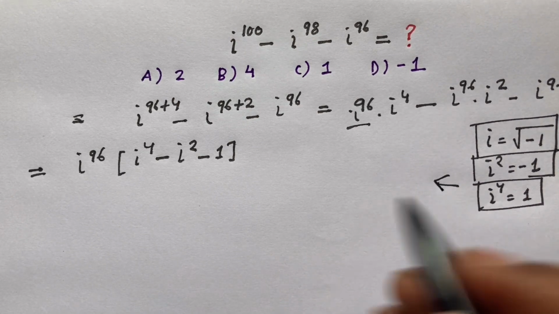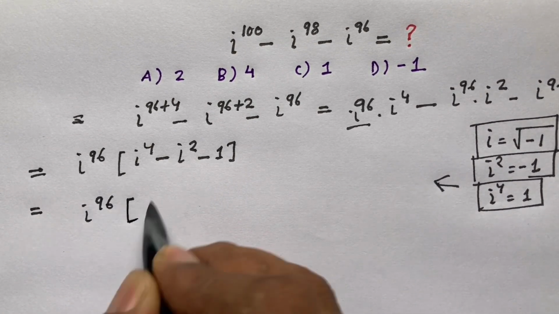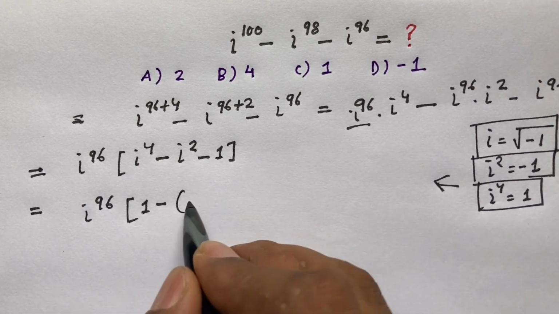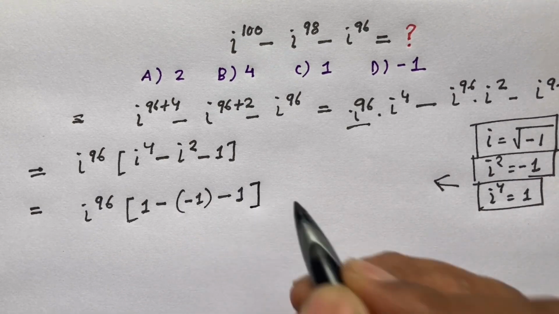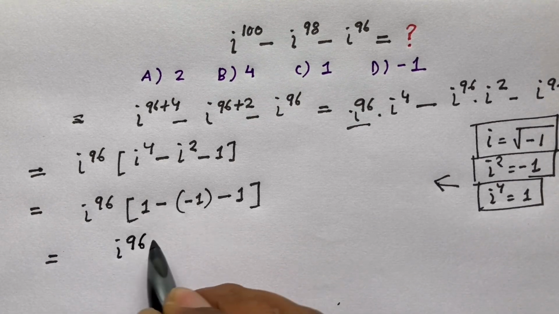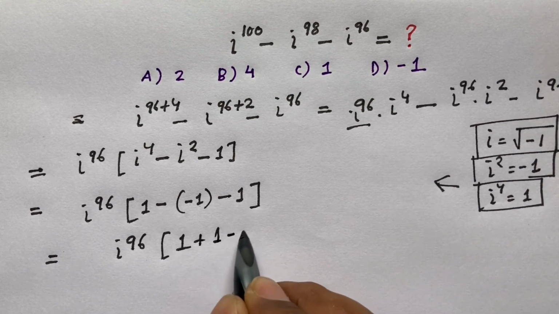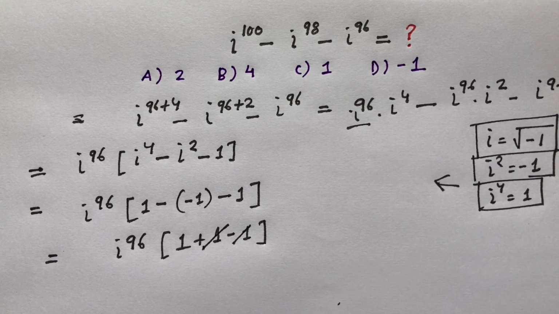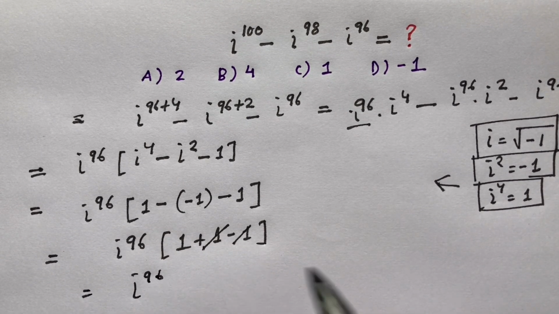So by placing it here, this solves to i^96 (1 - (-1) - 1), which equals i^96 (1 + 1 - 1). This 1 minus 1 is cancelled. So this simplifies to i^96.